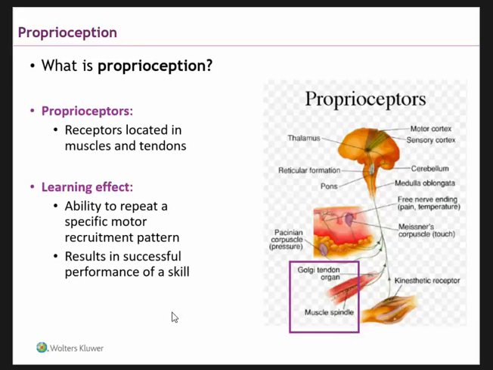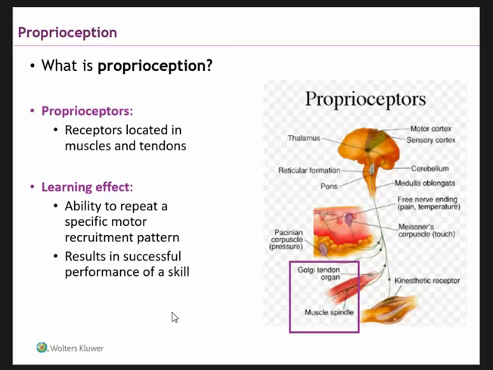Like I said, it allows for a repeated complex skill to just feel right over time after practice. It does require successful, perfect practice to learn a motor pattern to reproduce it over and over again. But it's conducted so quickly that we don't even have to think about it after we get really good at it.